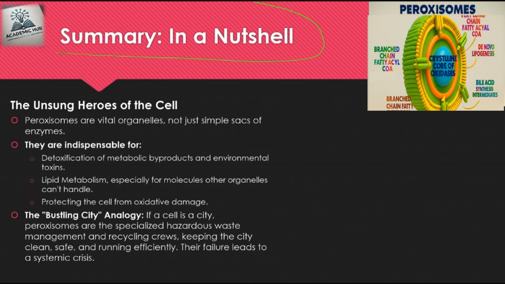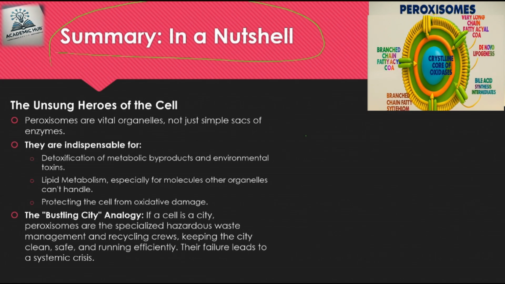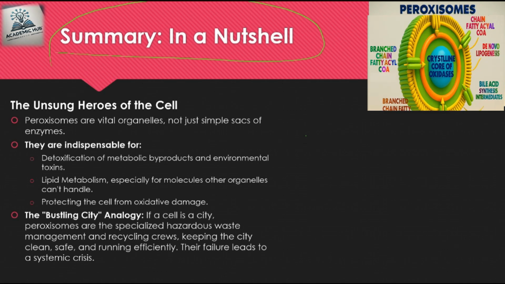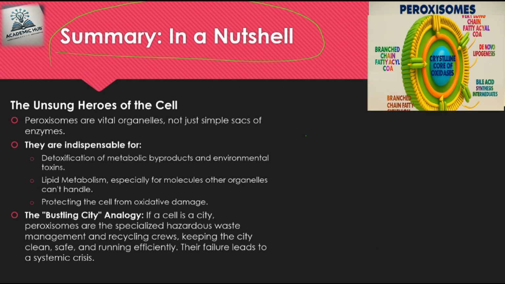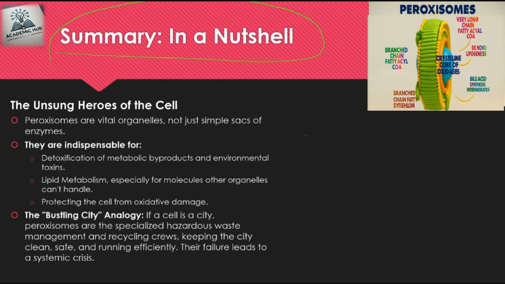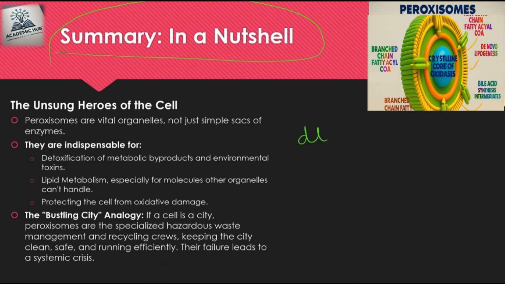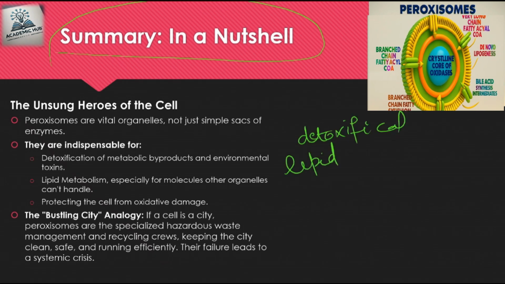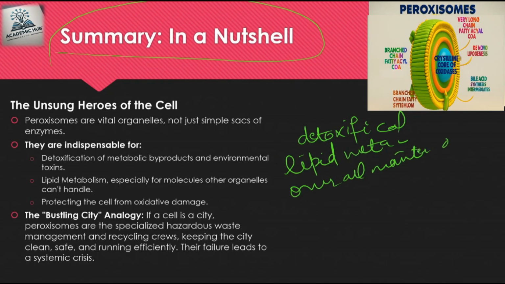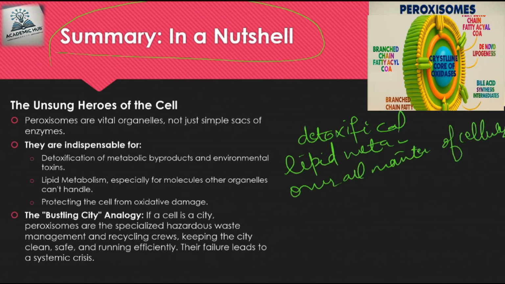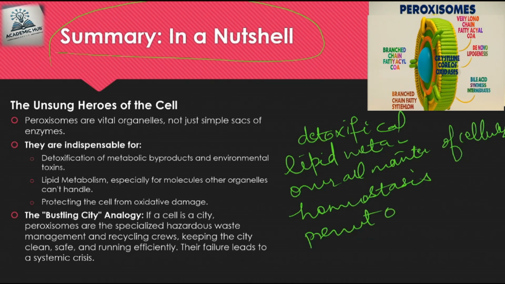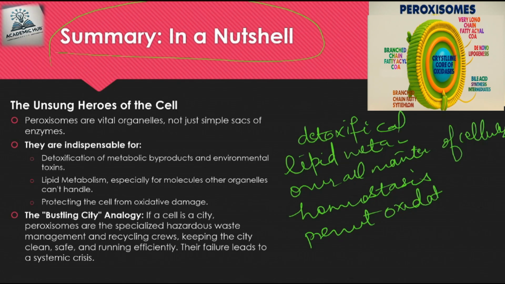Lastly, in summary, we will know in brief the functions of peroxisomes from top to bottom. In summary, peroxisomes are profoundly important organelles for detoxification, lipid metabolism, and overall maintenance of cellular homeostasis. They actively prevent oxidative damage. This is the important feature.